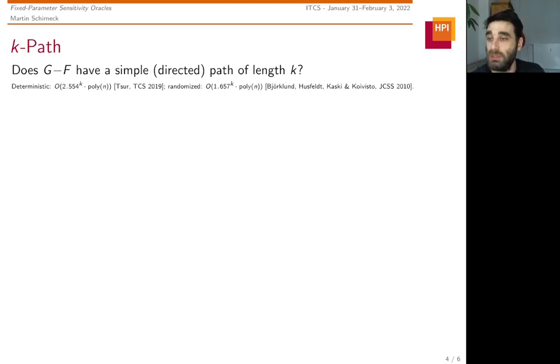And we can use this, for example, for the k-path problem, but also for other parameterized path problems. There, unfortunately, the classical kernelization is not fault tolerant. So we get a polynomial dependence on the graph size also in the size of the solution.